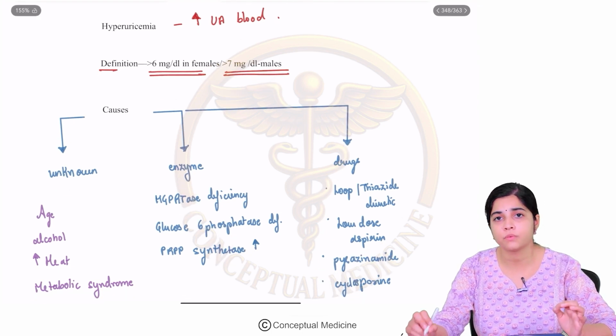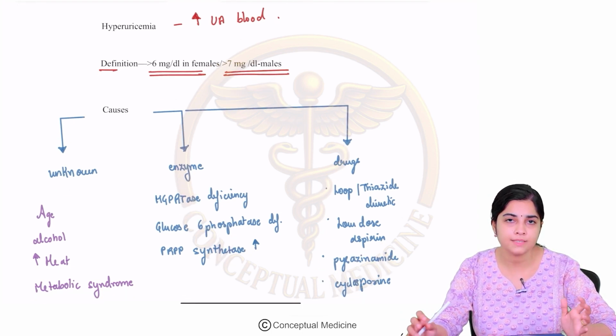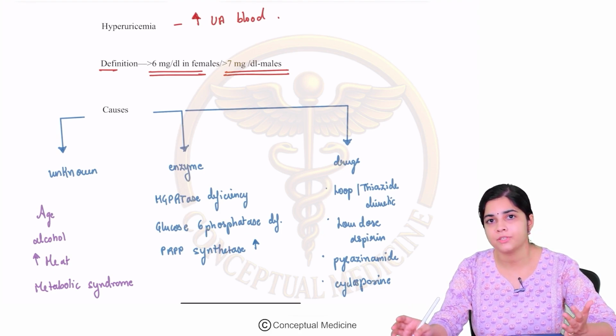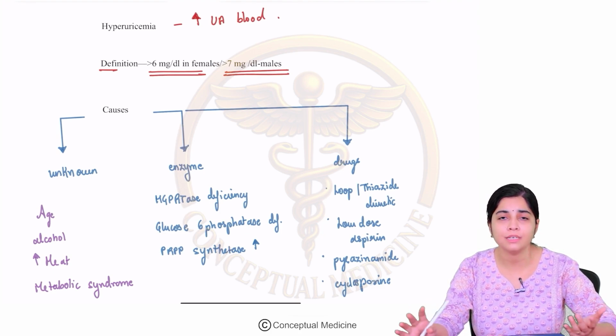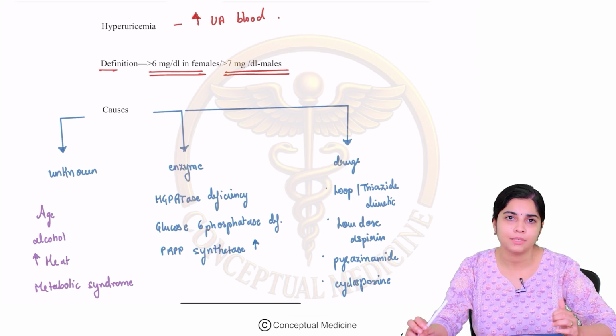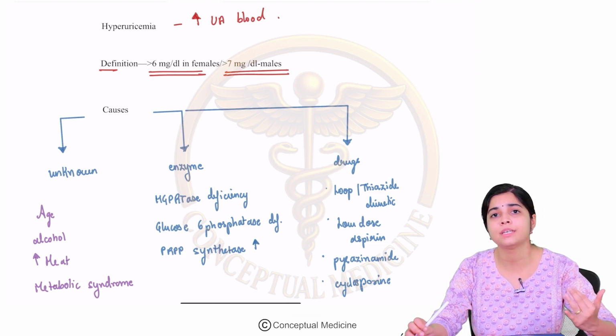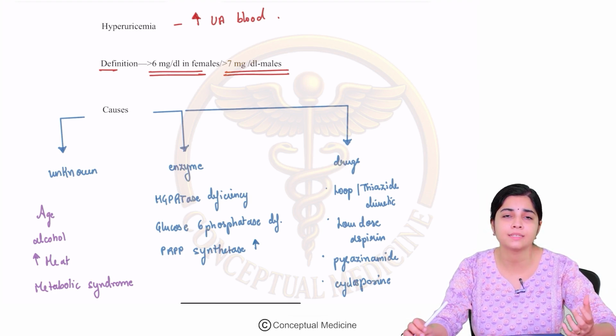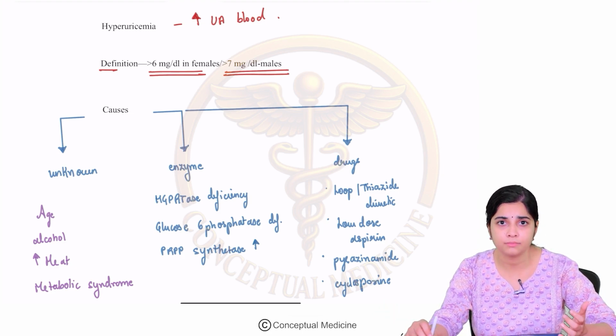So this is what we call hyperuricemia. To understand the pathophysiology of gout, we have to understand the causes of hyperuricemia. Only when there is hyperuricemia, more uric acid in the blood, will uric acid get deposited in the joints and result in gout. Clear?